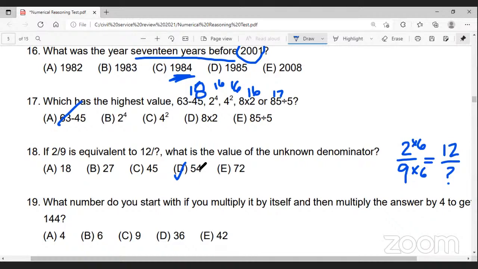You could still get 54. But I rather presented that you think of a number to be multiplied from 2 to get 12. That will be the same number, 6, to be multiplied from 9 to get the unknown number 54. Okay, move on.